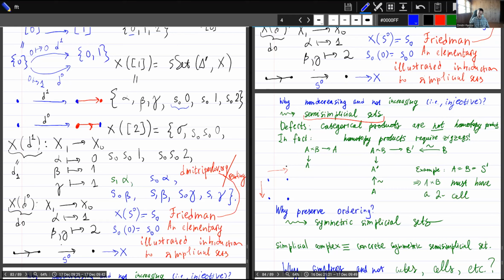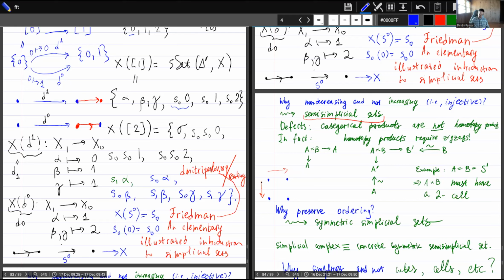And of them, 4 will be degenerate because 4 will correspond to pairs of degenerate simplices in each factor. So the 4 degenerate ones will correspond to the 4 vertices here. And what are the 5 non-degenerate ones?